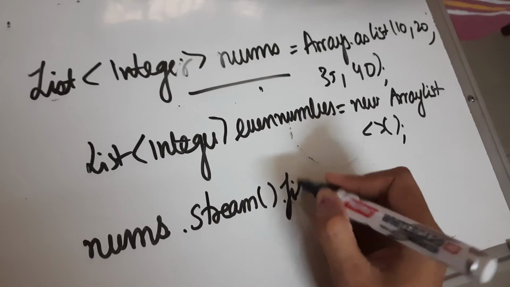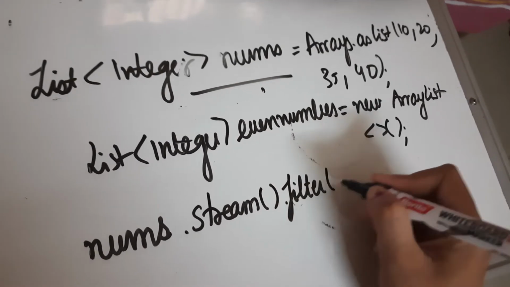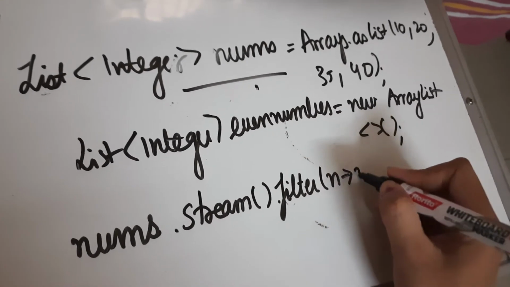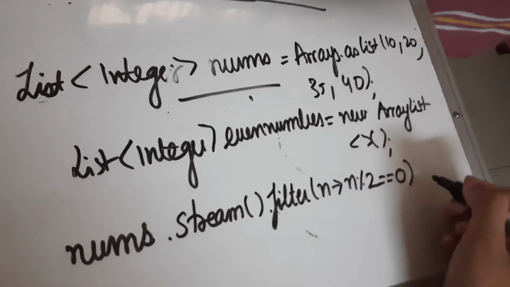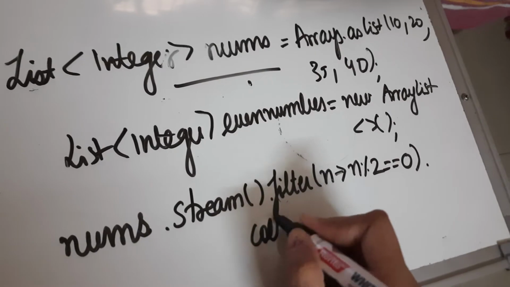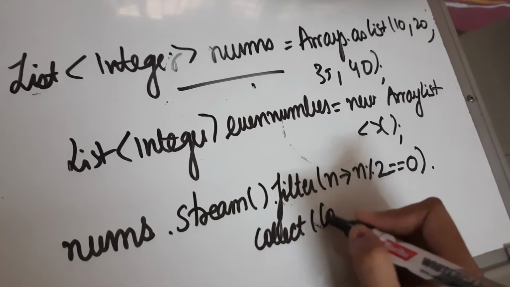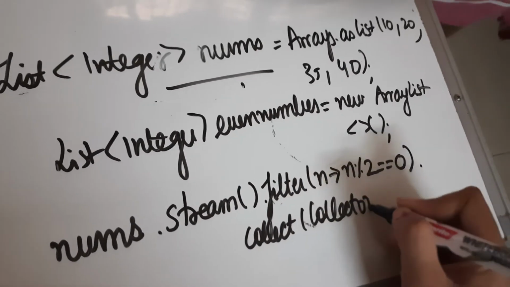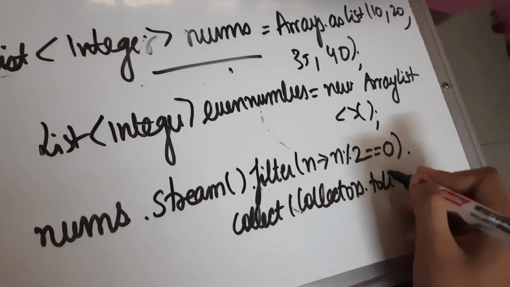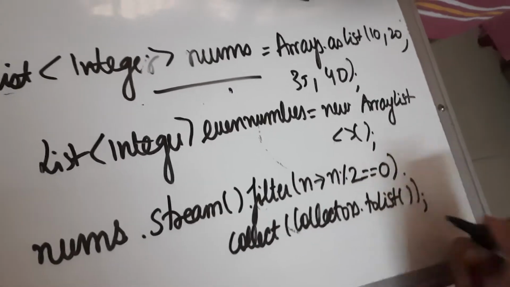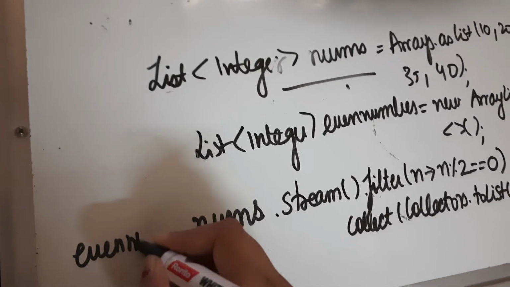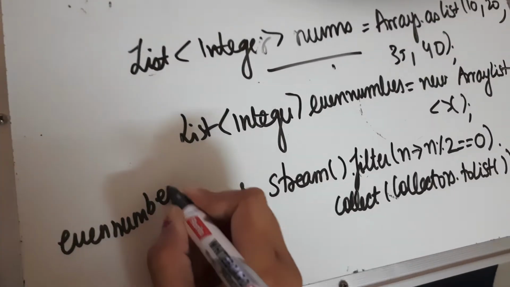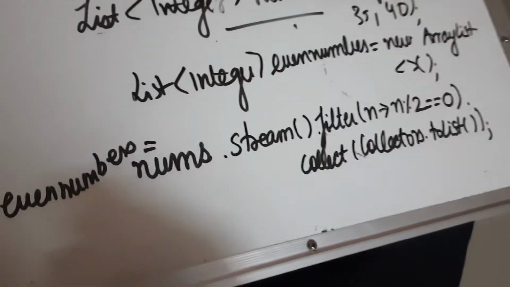Then we'll call the filter function, and in that we will apply the condition that if n modulo 2 equals 0, then you collect that and add it to my list. This is the basic syntax for streaming. We are storing it in our even numbers list.